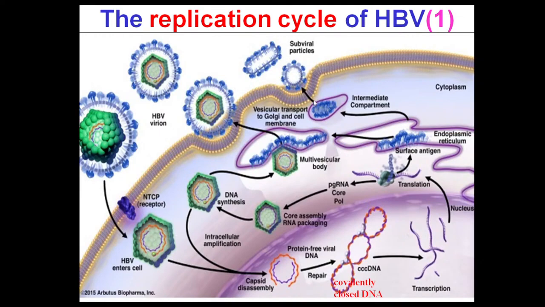Can you see that also separately from the DNA particles, these subviral particles will be released by exocytosis through the cell membrane. So we can see as a result the development of the completely done DNA particles, then subviral particles.